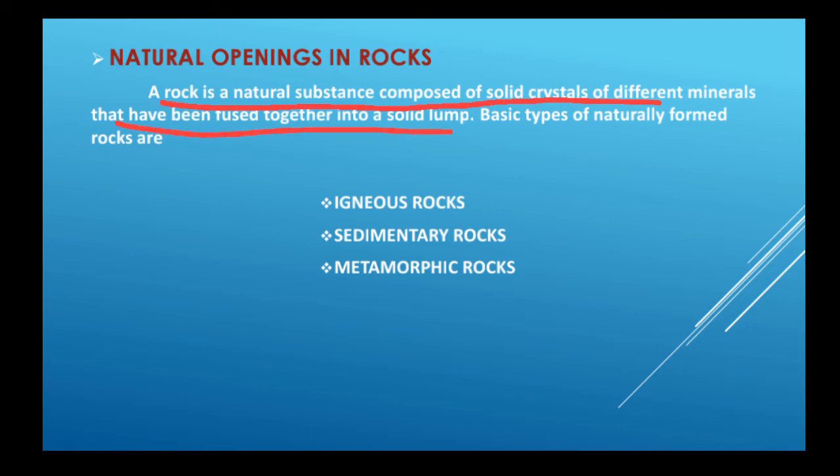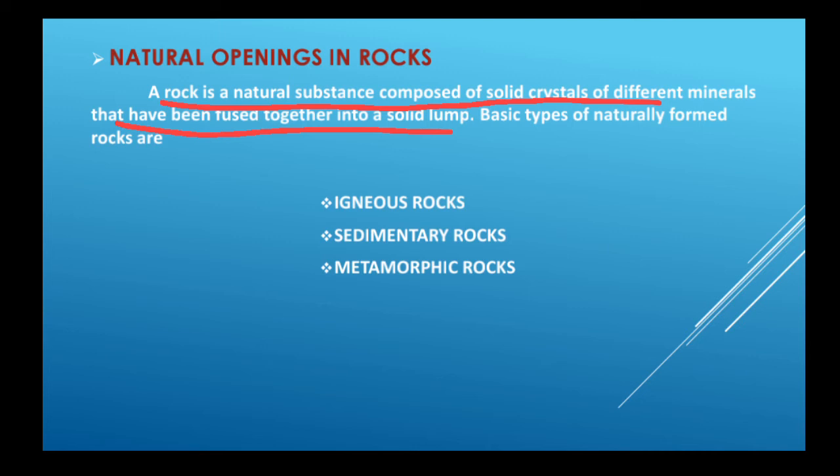So a rock is a natural substance which consists of solid crystals, with different minerals or different metals, that form into a single solid lump. That is known as a rock, nothing but a natural rock.